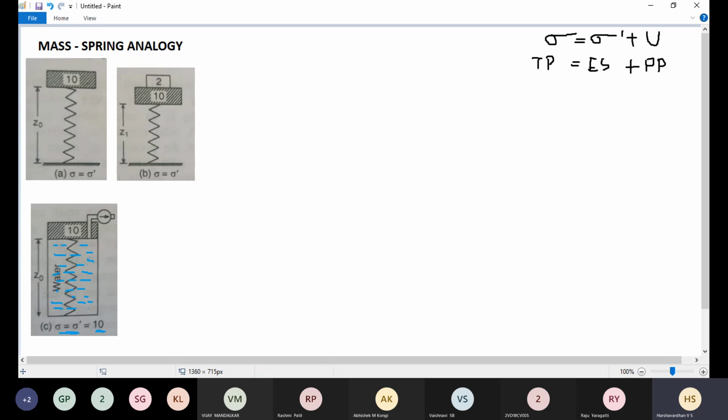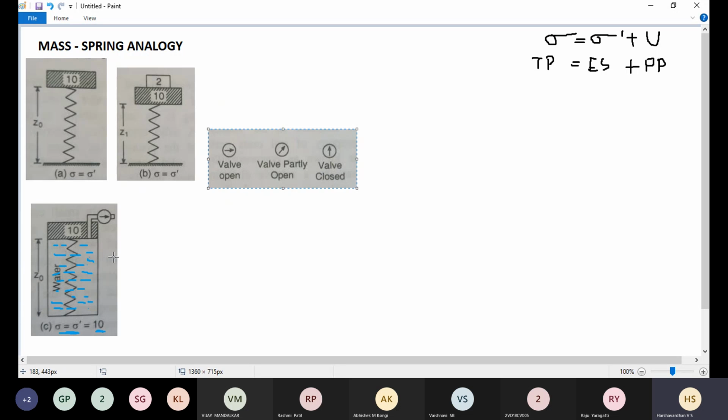Now what I'll do is, before that, this is the position of the valves. If the valve is open, it is indicated by this symbol. If it is partially open, it is indicated by this symbol. If the valve is closed, it is indicated by an arrow mark in vertical direction.